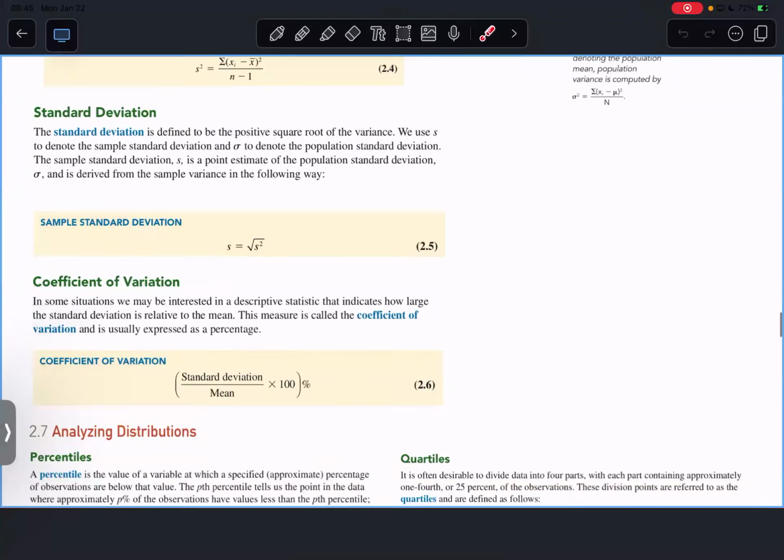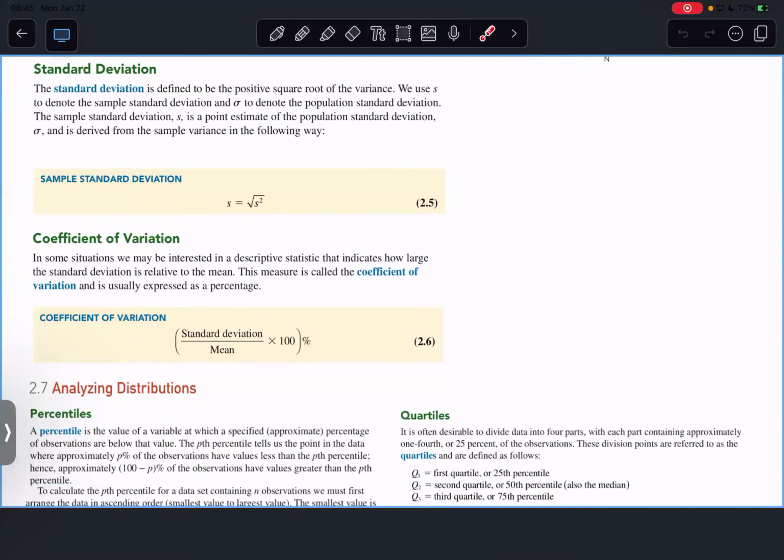Notice that we're focusing on numerical variables, because for categorical variables we don't really talk about spread, since we just have counts in each category, and so there's not a lot to do there.